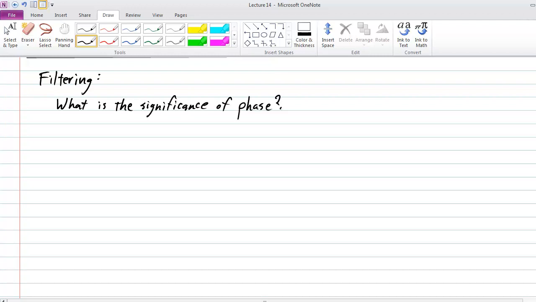Because it's often a habit, first of all, of representing magnitude and phase in separate plots. And in fact, sometimes you'll catch yourself only caring about this magnitude part. So what's the significance of the phase?